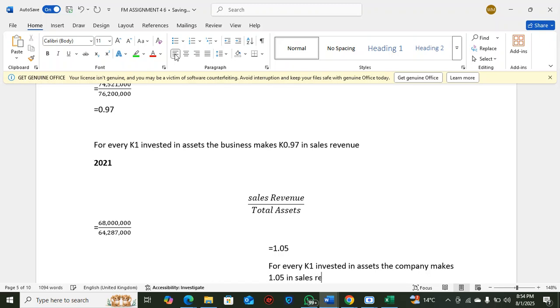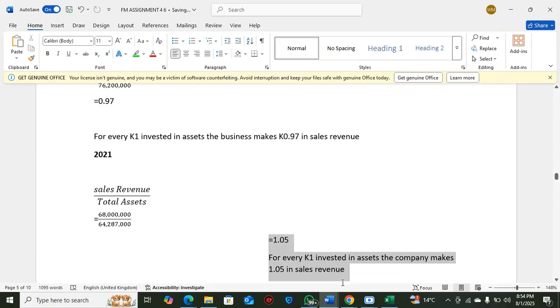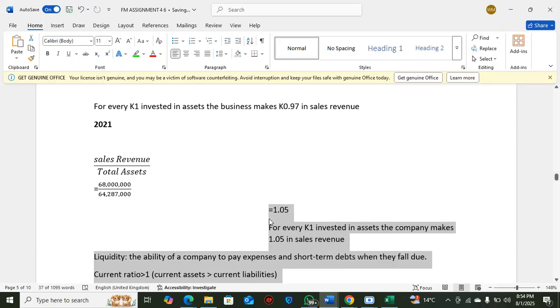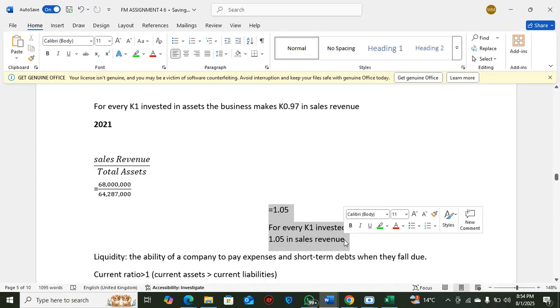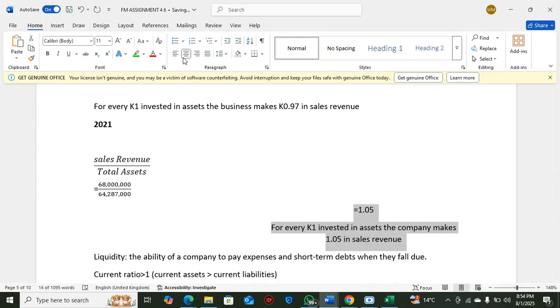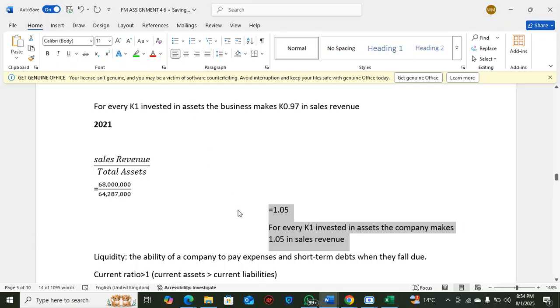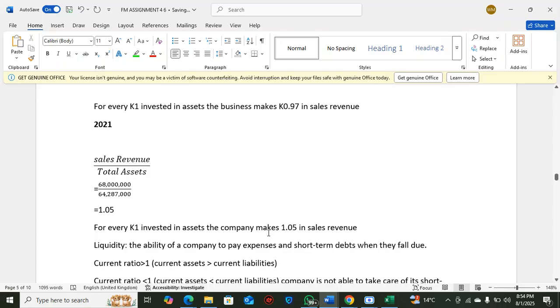So here in 2021, we can say they are utilizing their assets well because the assets are bringing them a high amount of sales. Any questions? So in 2021, the company was utilizing its assets more efficiently to make sales.